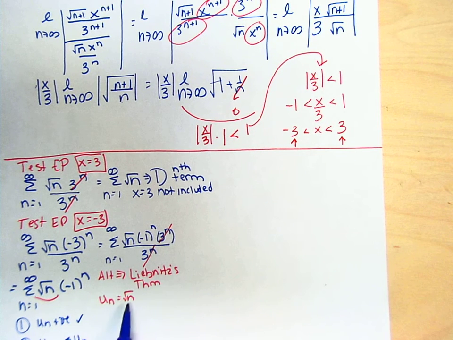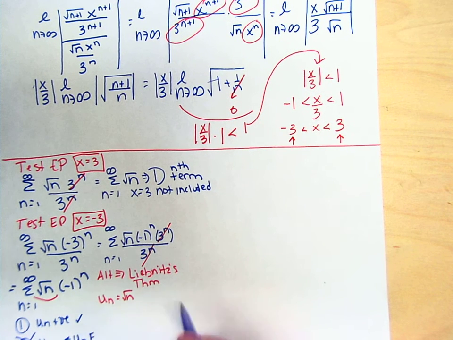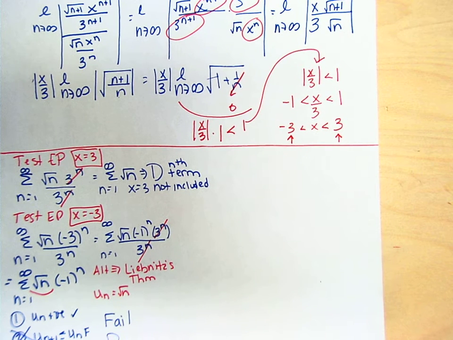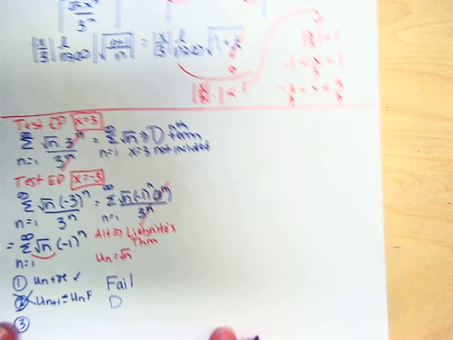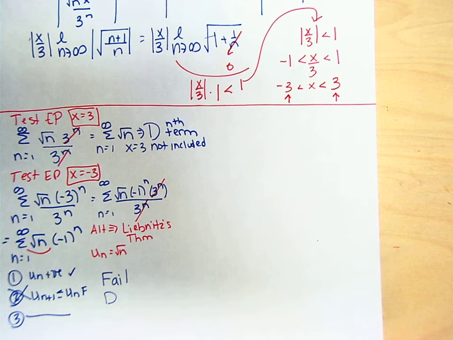Well, if we think about what happens as n grows, the n plus 1 term is actually going to be bigger. So this is a fail. So we fail Leibniz's theorem. So we diverge. So we actually end up diverging at both endpoints. So we don't even need to run the third test once we fail.